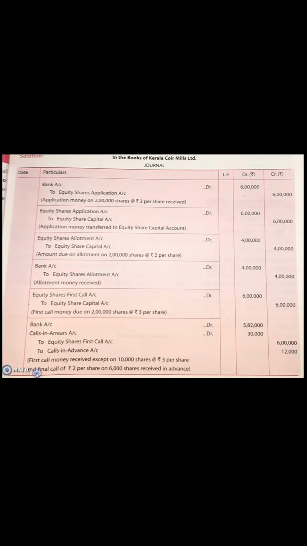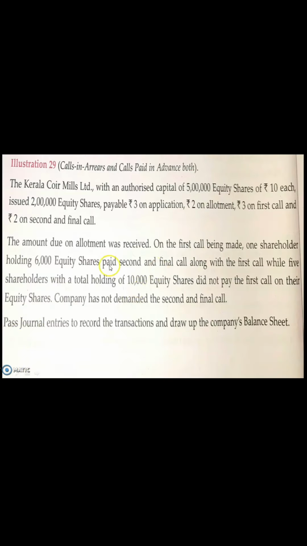So moving into the solution part, bank account debited, calls in arrears account debited to equity share first call account, to calls in advance account. Here, in calls in arrear, you have to show that the arrear is related to 10,000 shares.